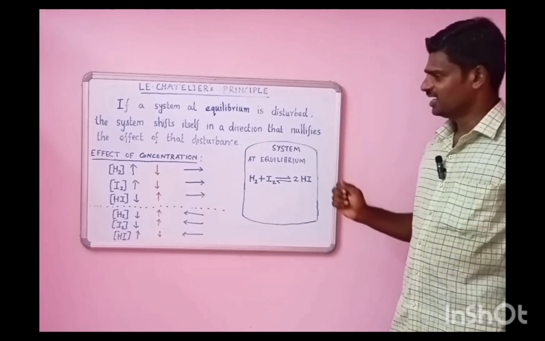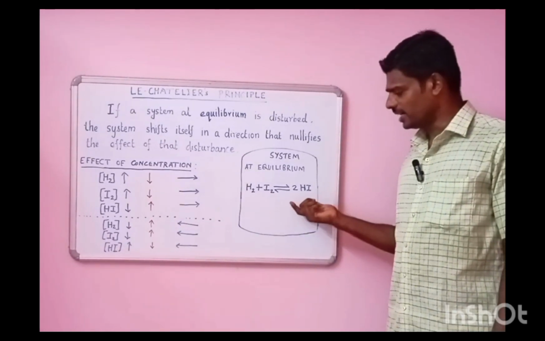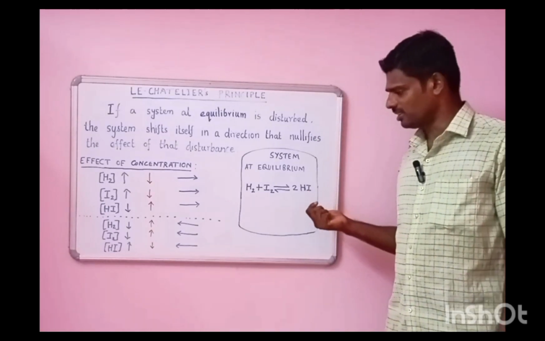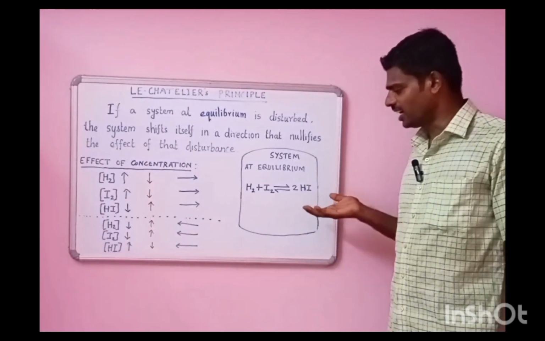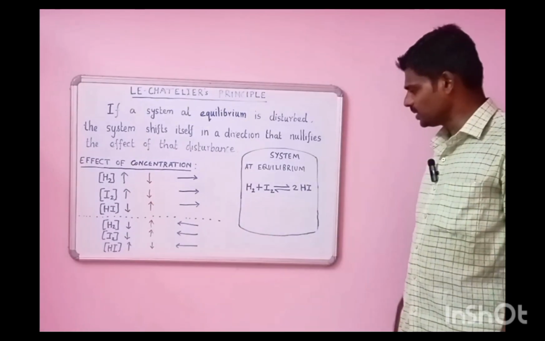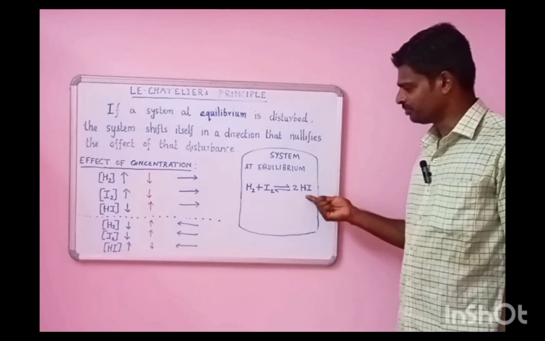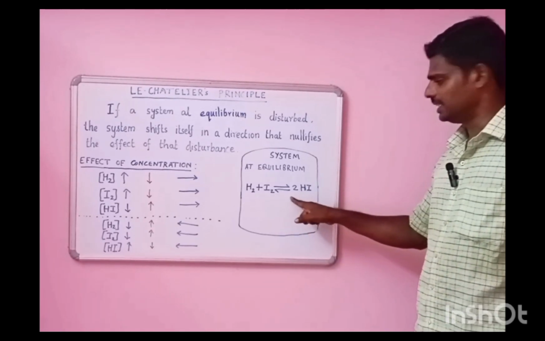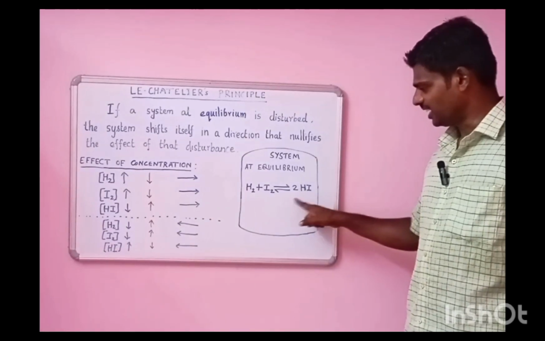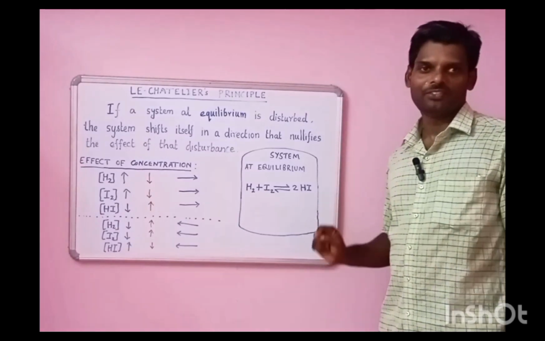In the system, if we reduce the hydrogen iodide concentration, the system will try to increase the hydrogen iodide concentration. In order to do so, the system will favor the forward direction, so that more hydrogen iodide will be formed.